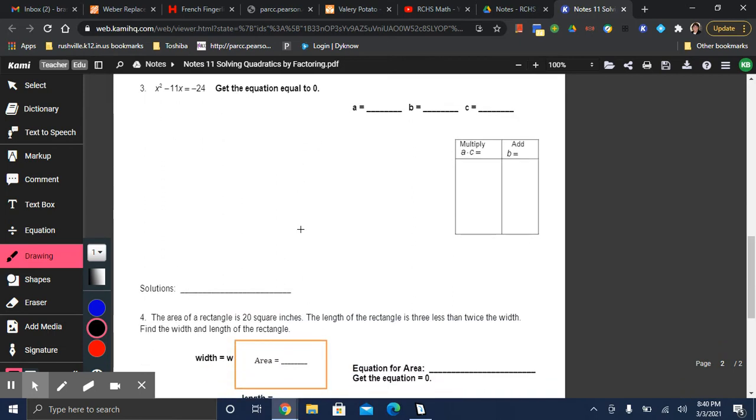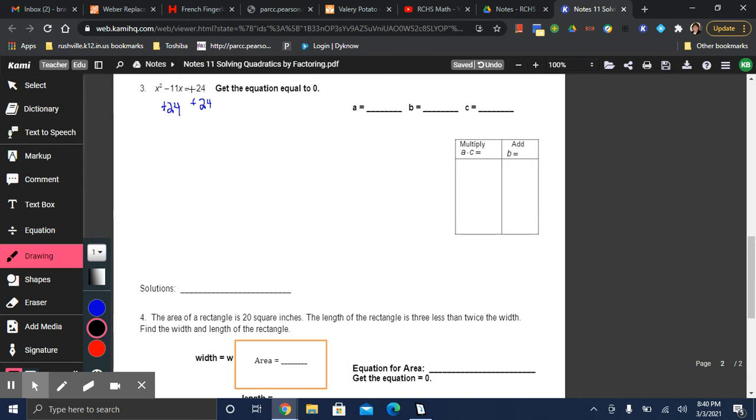So on our problem number 3, I have x squared minus 11x equals negative 24. I will need to move the 24, or in other words, do the opposite. So since it's negative, I'm going to add 24 to both sides of my equal sign.